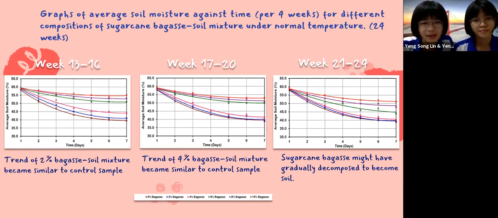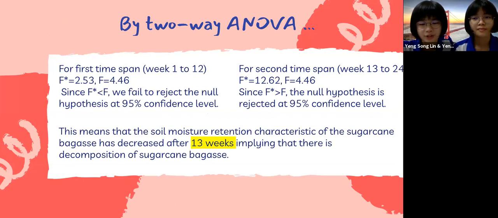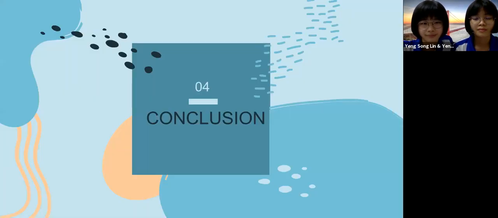And we can see for the following weeks, the trends of the 4% bagasse soil mixture also became similar to the control sample. We also used two-way ANOVA for this experiment, and we can see that for the second time span, which is week 13 to 24, around the third month, sugarcane bagasse has gradually decomposed.